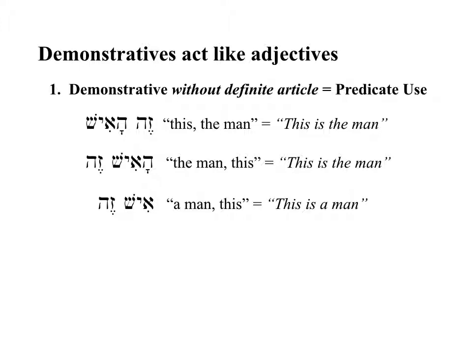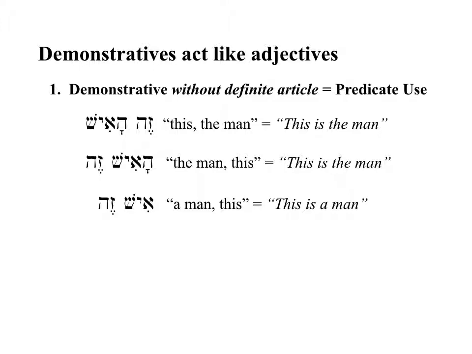In the second example, ha'ish ze, the man, this, we are not saying this man, because if we were, we would want to replicate the definiteness, the definite article of the word man, on the demonstrative pronoun.